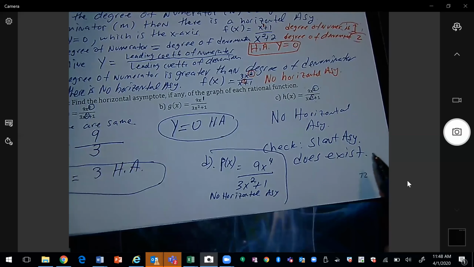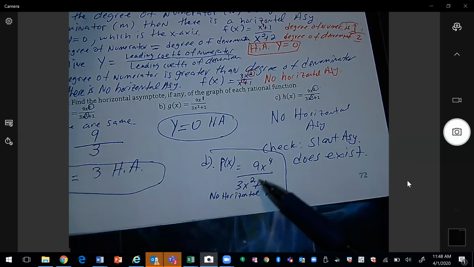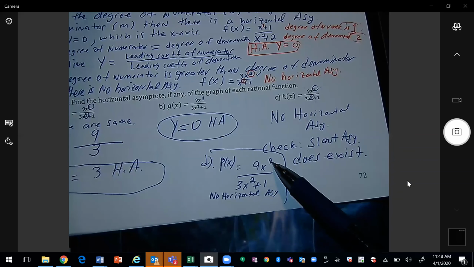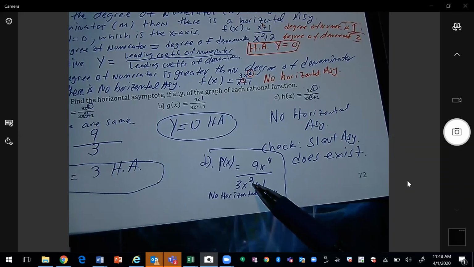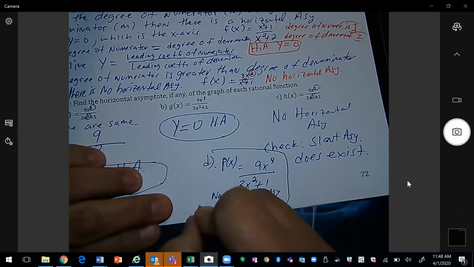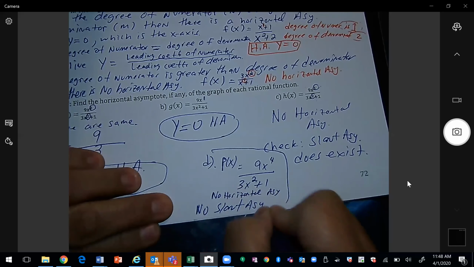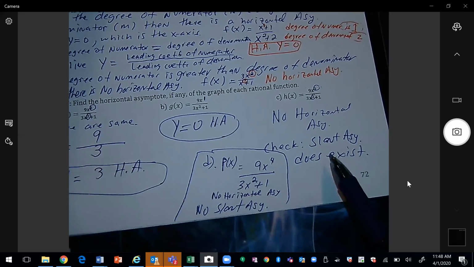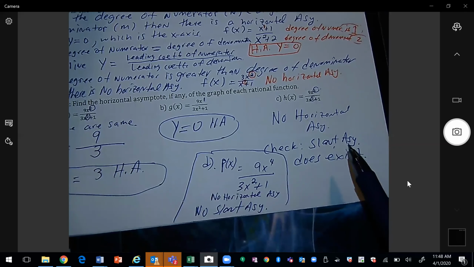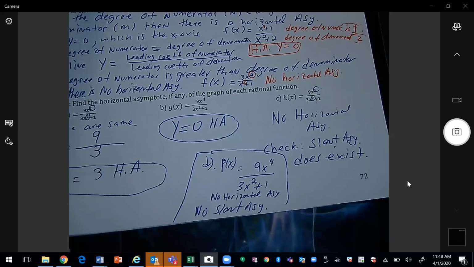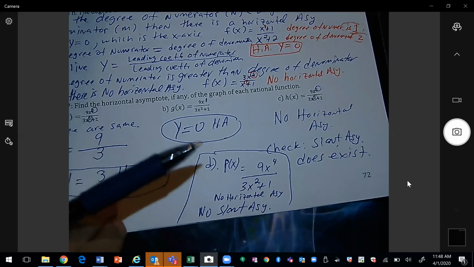But to check for the slant one, we have a 4 and we have a 2. So is the number 4 1 more than the number 2? It's 2 more. So since it's more than 1, we say there's no slant asymptote. So it's only going to have a slant one if it's one more. Oh, okay.